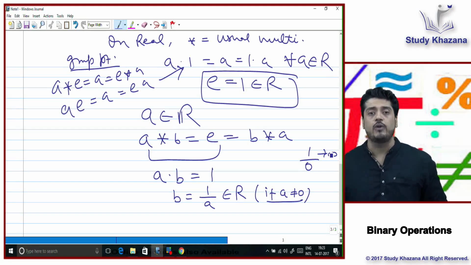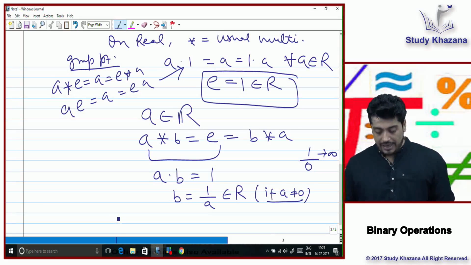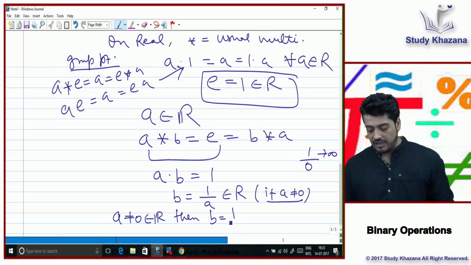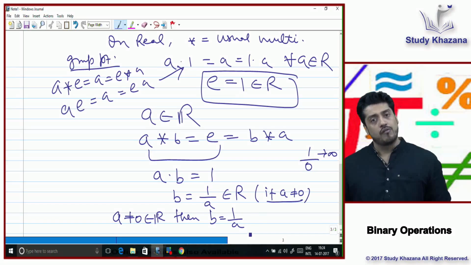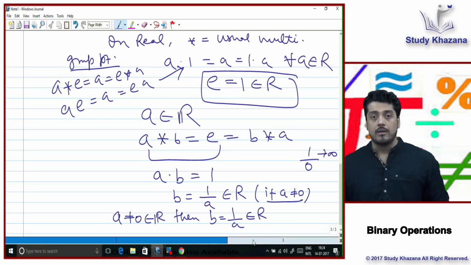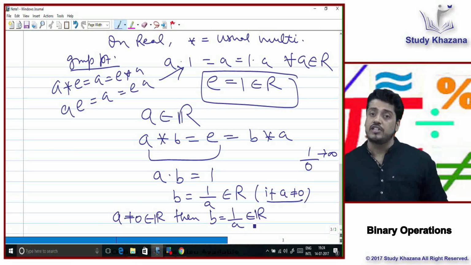Indeterminate means the value is not finite. It approaches infinity. So what we observe finally is that if A is a non-zero real number, then each element is invertible with inverse as 1 by A, which again belongs to R. But 0 is the only element which is not invertible.